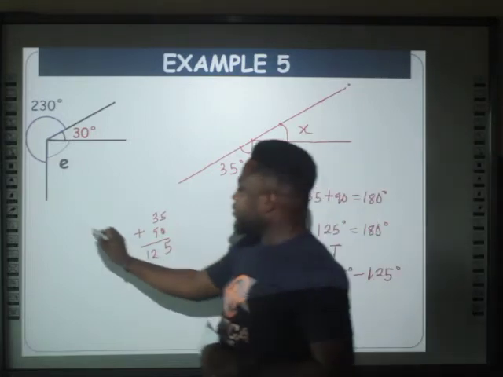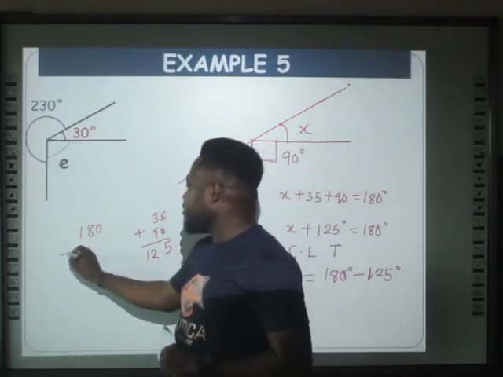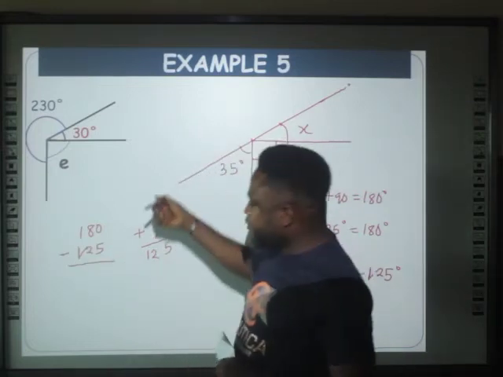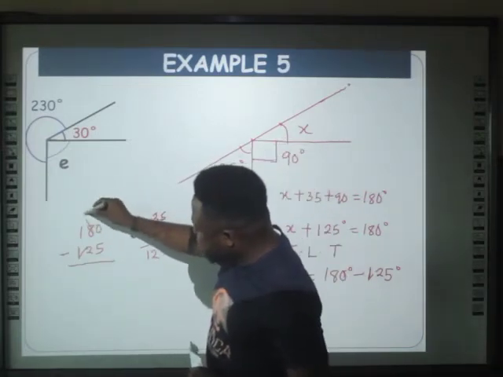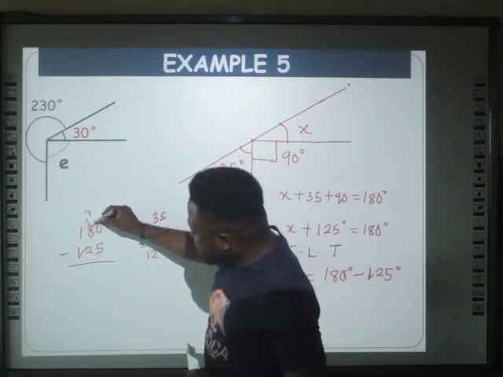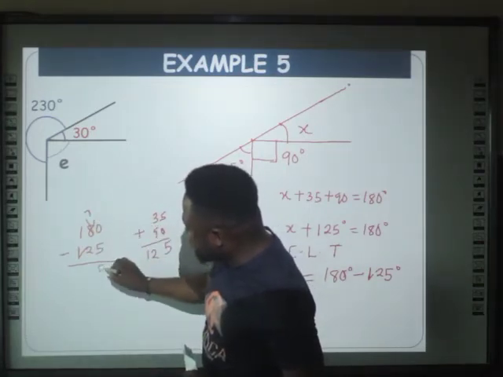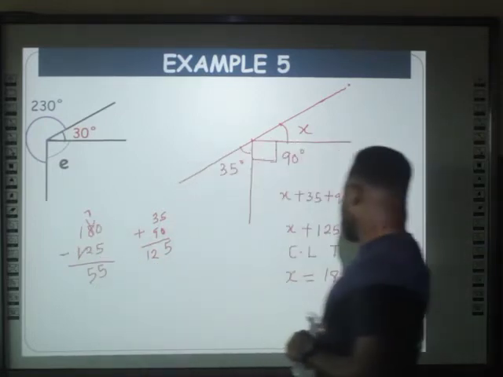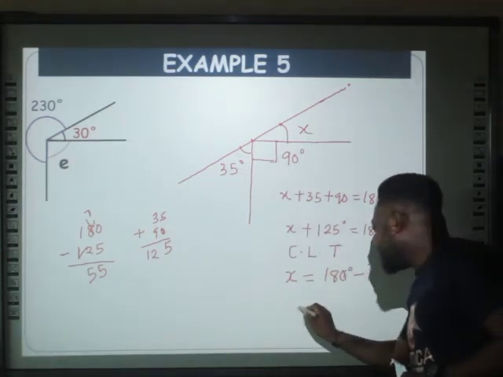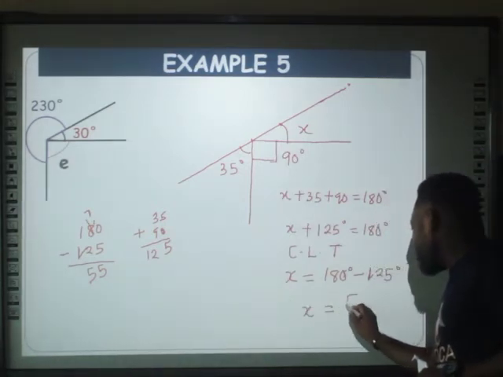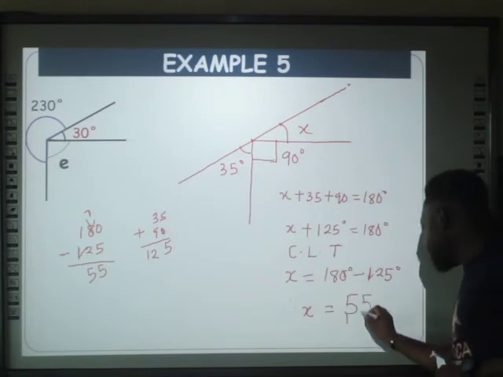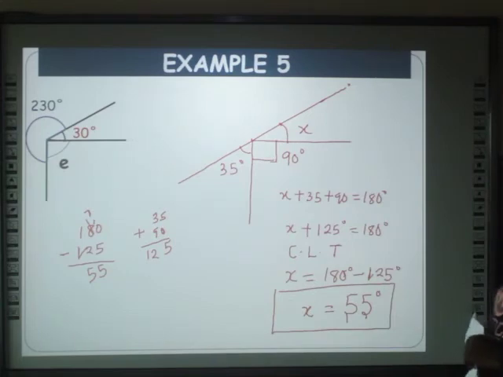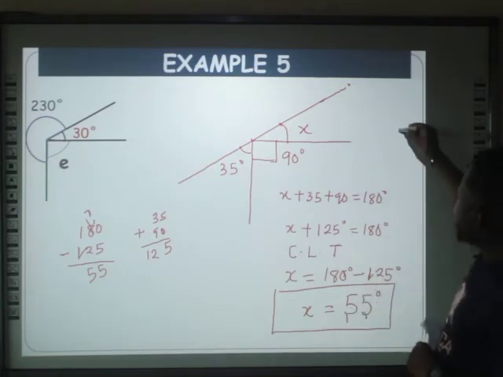Now 180 minus 125: you can borrow 1 from 8, so you'll be left with 7. Place the 1 here, it becomes 10. 10 minus 5 gives 5, 7 minus 2 gives 5, 1 minus 1 gives 0. So that means our missing angle x is 55 degrees. Our missing angle here is what? 55 degrees. That is the solution to this problem.